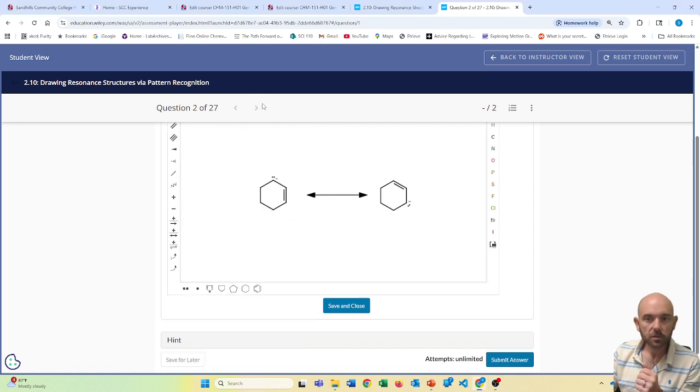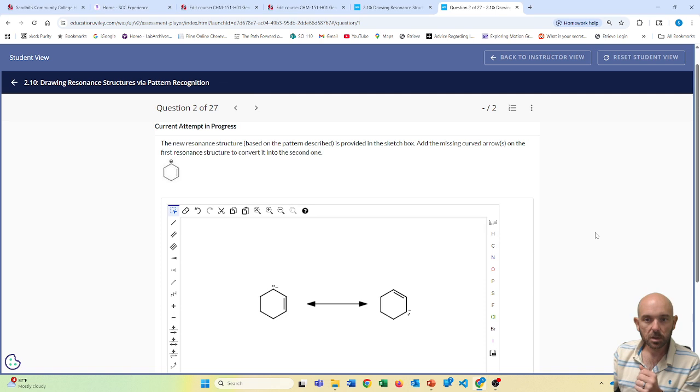Moving on to question 2. It says the new resonance structure is provided in the sketch box. Add the missing curved arrows on the first resonance structure to convert it to the second one. In this case, all you have to put in is arrows. These are two resonance structures of this molecule.